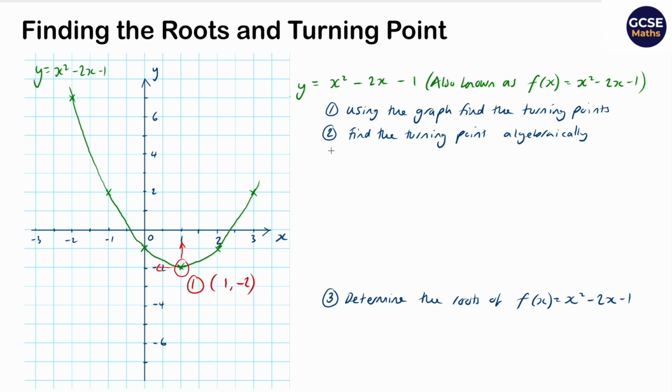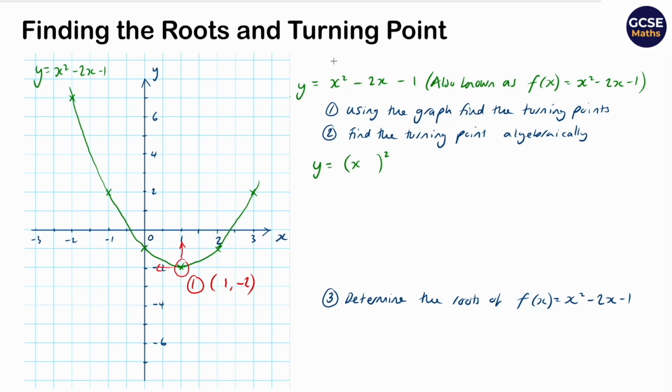Now looking at question 2, we're going to find the turning point algebraically. The reason for doing this is just a bit of a check, really. To do this, we need to show y equals x squared minus 2x minus 1 in the completed square format. So y is now equal to, we have the bracket, we have the x, we know it's going to be squared.